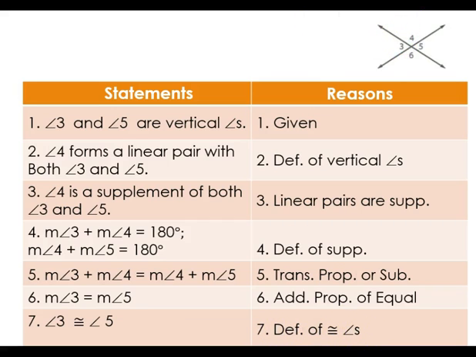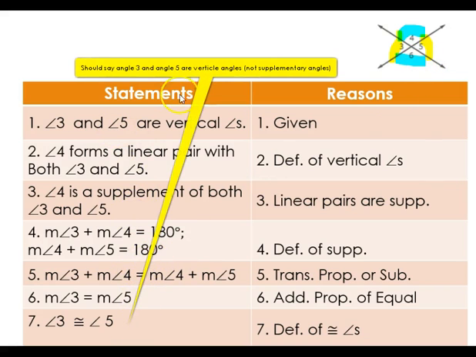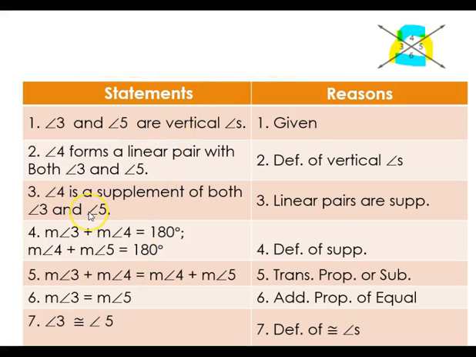Looking at our drawing, angle 3 is congruent to angle 5, and that would mean also that angle 4 is congruent to angle 6. We already knew that 3 and 5, we stated up here, are supplementary. They form a linear pair, and we use that information to state equality.